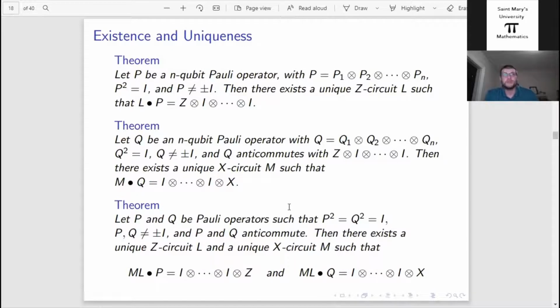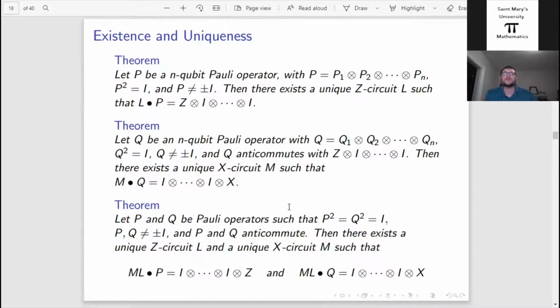And so then we have some existence theorems, and these are around our Z circuits and X circuits and their properties and how they act on specific Paulis. This is more rigorously described in the paper, but these are anchor points of our automorphism, right? Because they're the Z tensored with I, and you can imagine Z across all the qubits are going to be these generators, and it's nice to anchor these points down and have a unique Z circuit that brings us there.